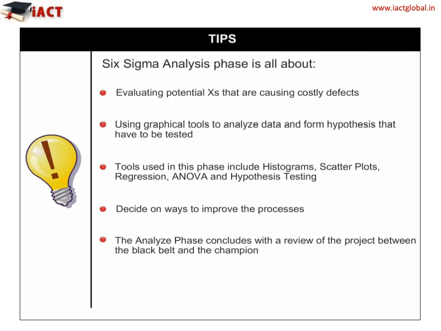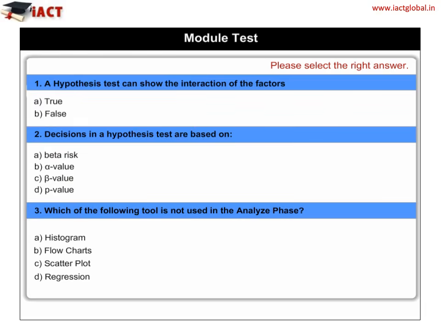Next, the team finds out if there would be any problems and obstacles arising in implementing those solutions. Then, the team selects the right people and resources for improving the process. Finally, the team translates the improvement opportunity into financial terms. The analyze phase concludes with a review of the project between the black belt and the champion, and with the phase gate review.